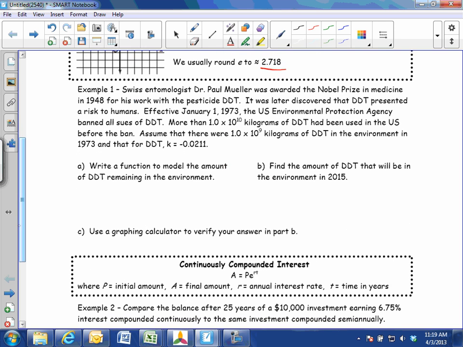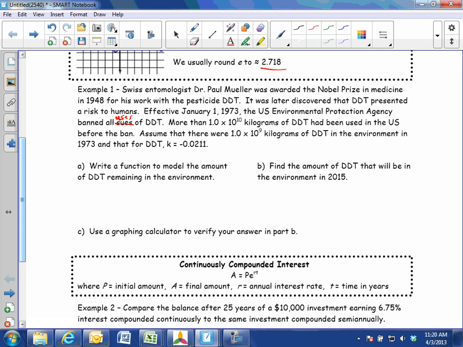Alright, so example 1 says, a Swiss entomologist, Dr. Paul Mueller, was awarded the Nobel Prize in Medicine in 1948 for his work with the pesticide DDT. It was later discovered that DDT presented a risk to humans. Effective January 1st, 1973, the U.S. Environmental Protection Agency banned all uses of DDT.